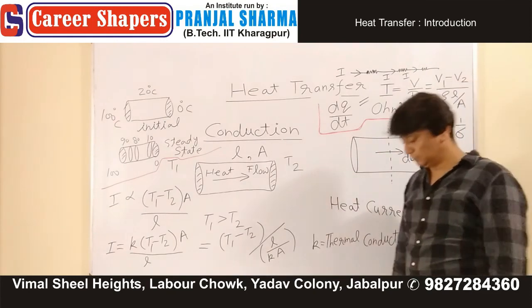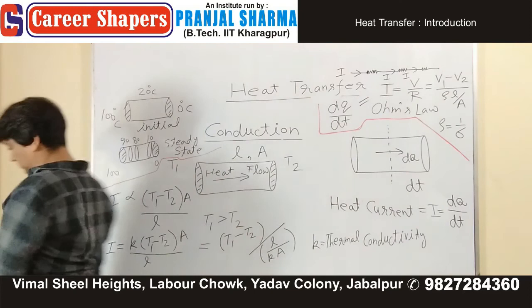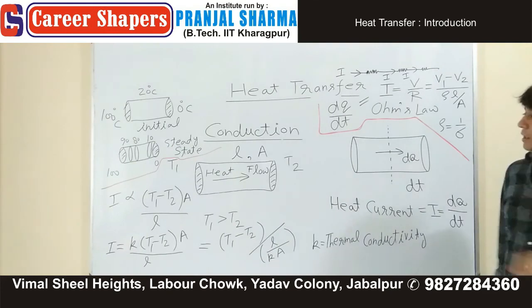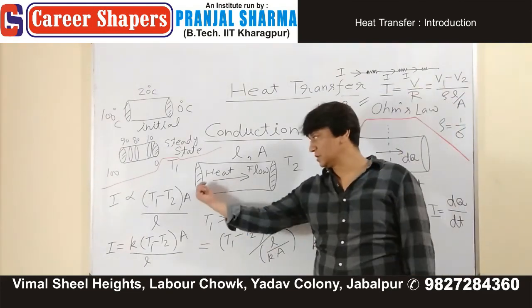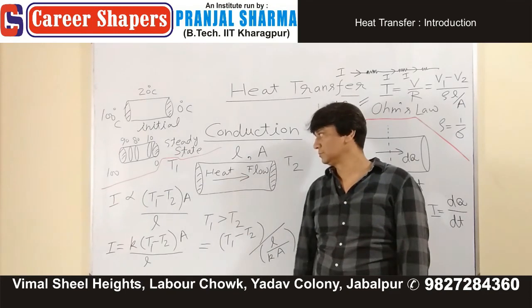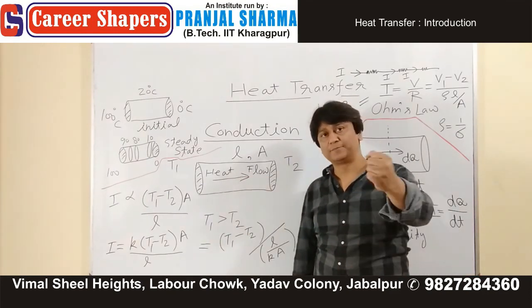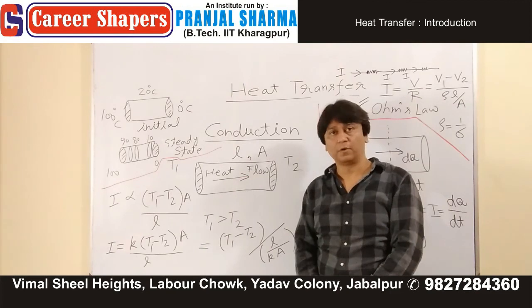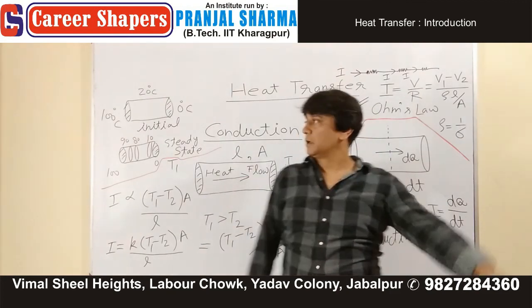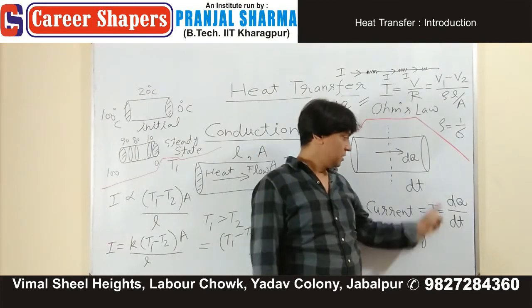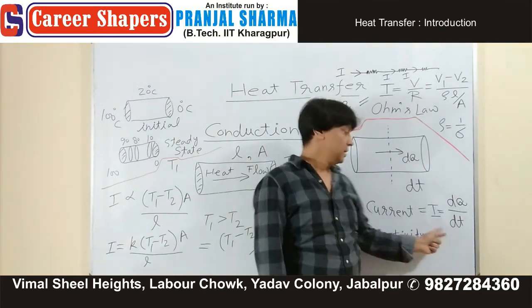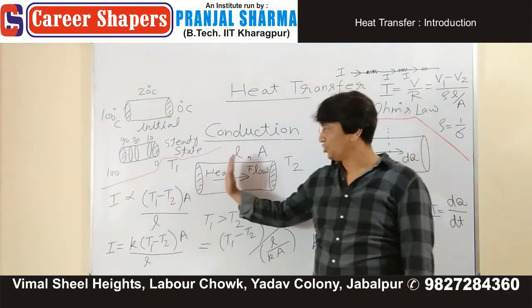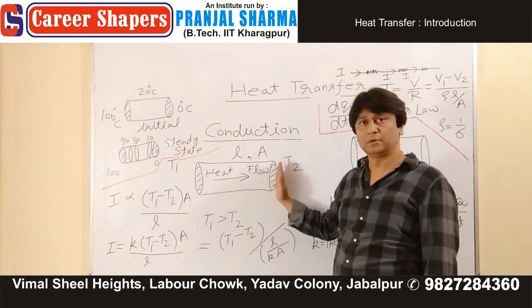And then when some heat passes through this cross section, no part of it is absorbed, and therefore heat current dQ by dt through each and every cross section is same.